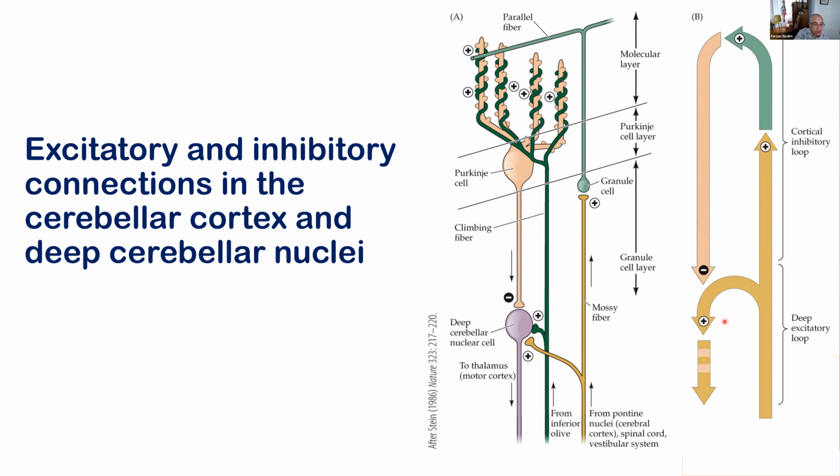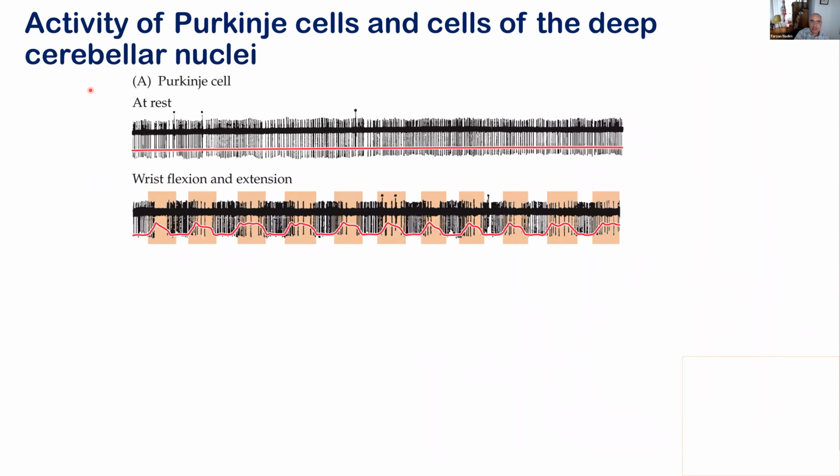Again, I'm throwing at you a lot of information, but let's look at the activity of these cells. Here's a Purkinje cell. At rest, the Purkinje cell fires. These are action potentials recorded by bringing an electrode nearby the cell body and picking up the spikes extracellularly. These are not intracellular recordings, they're extracellular recordings.